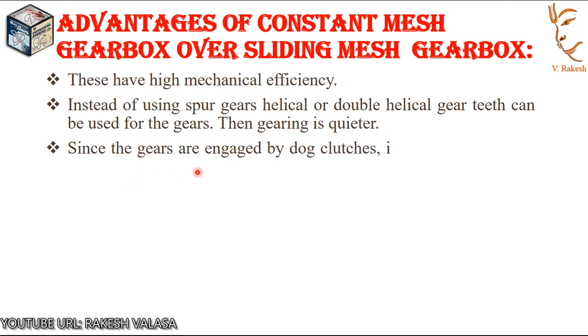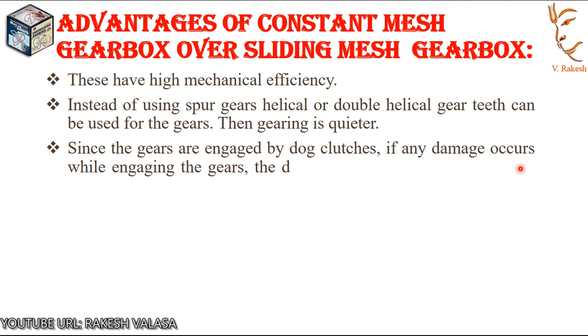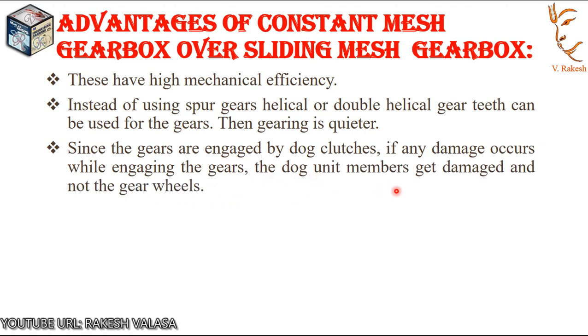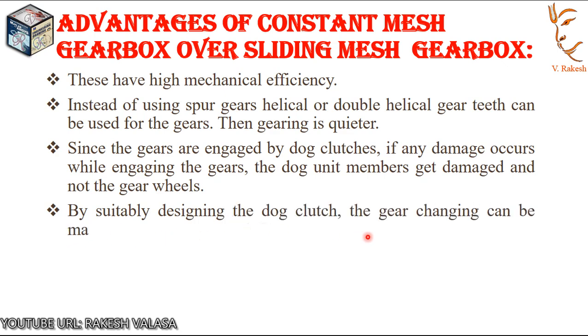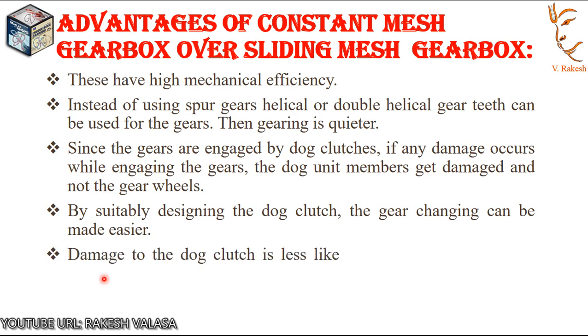Since the gears are engaged by dog clutches, if any damage occurs while engaging the gears, the dog unit members get damaged and not the gear wheels. By suitably designing the dog clutch, the gear changing can be made easier. Damage to the dog clutch is less likely because all the teeth are engaged at a time.